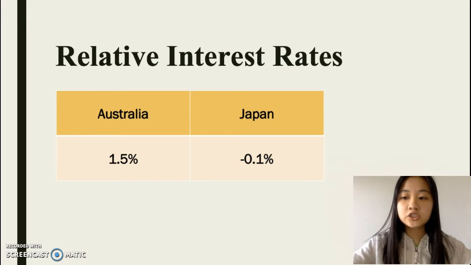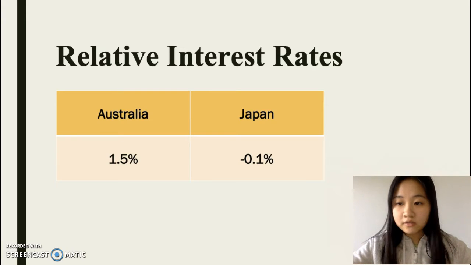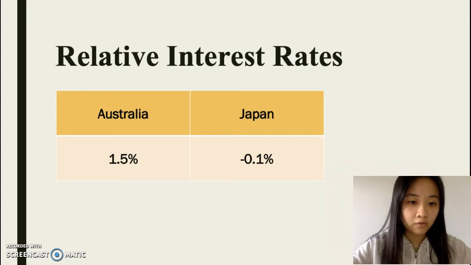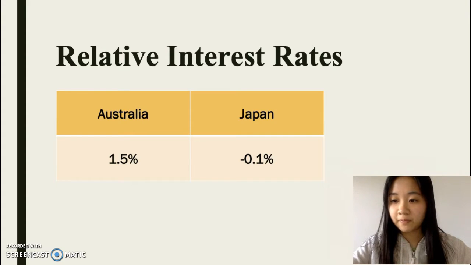For the relative interest rates, Japan moved the official interest rate down a notch from 0 to negative 0.1% in January 2016, and Australia's interest rate is 1.5%.